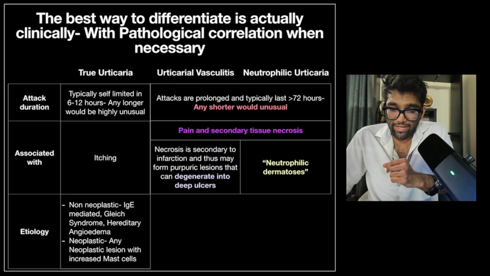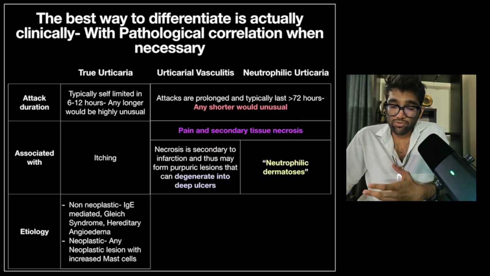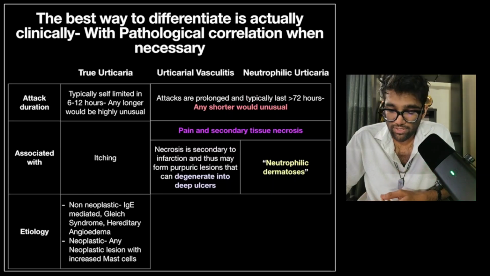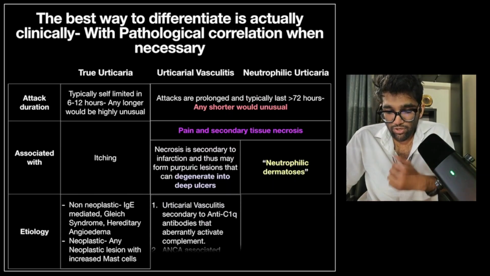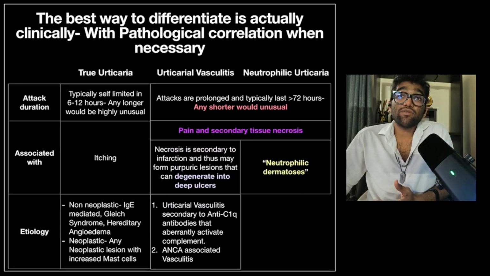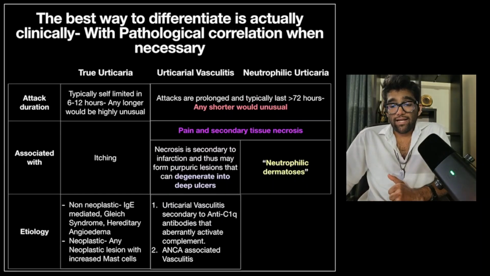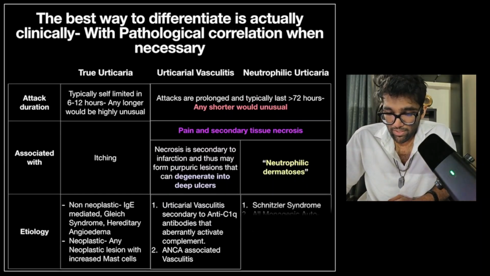The necrosis in urticarial vasculitis is always secondary to infarction and thus may form purpuric lesions that can degenerate into deep ulcers, and obviously neutrophilic urticaria is a neutrophilic dermatosis. You find dense neutrophil infiltrate in the dermis. Etiologically speaking, urticarial vasculitis can be secondary to anti-C1q antibodies, as you will commonly see in patients with SLE, okay, or cryoglobulinemia, and you can have ANCA-associated vasculitis.